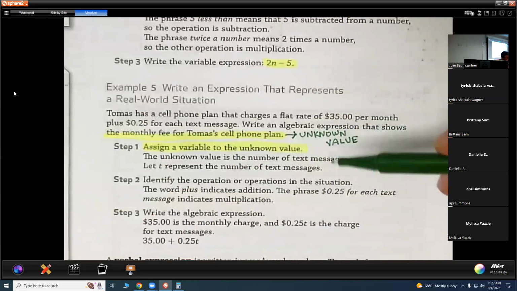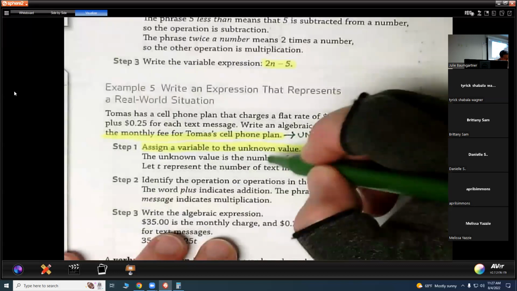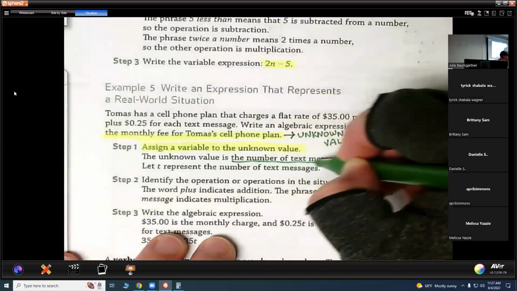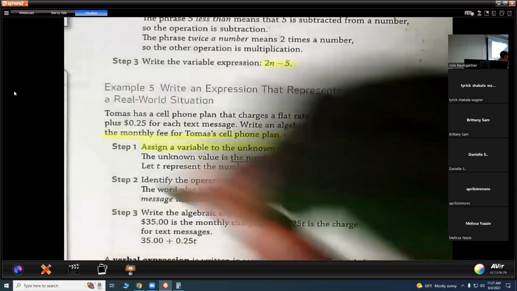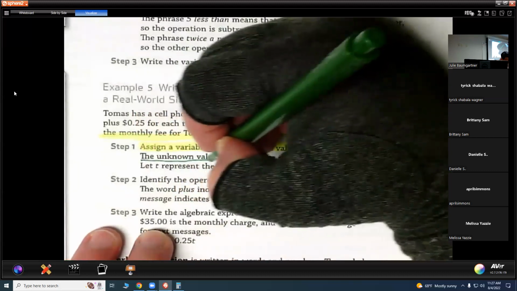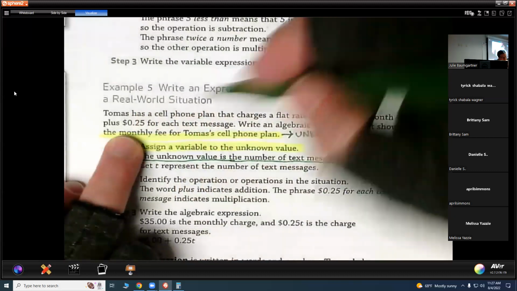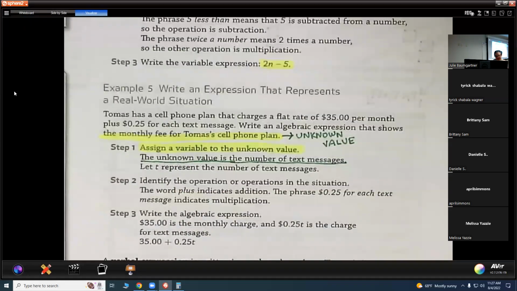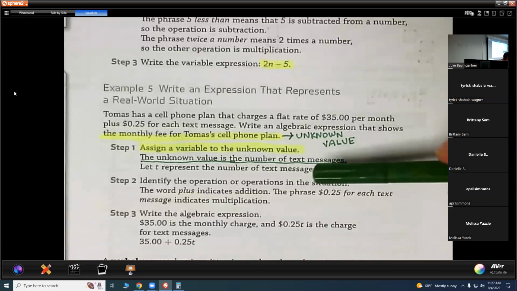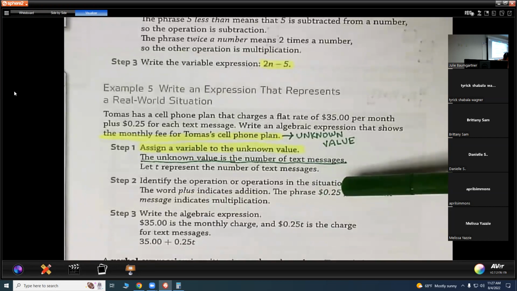Okay, so we're going to let the unknown value be the number of text messages, because his monthly bill is based on how many texts he sends on top of these other fees, okay?